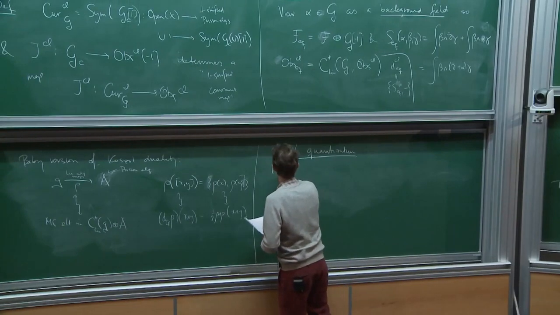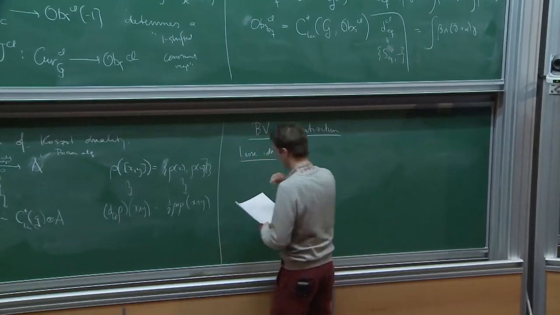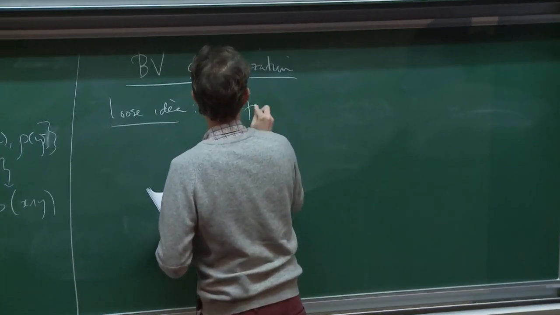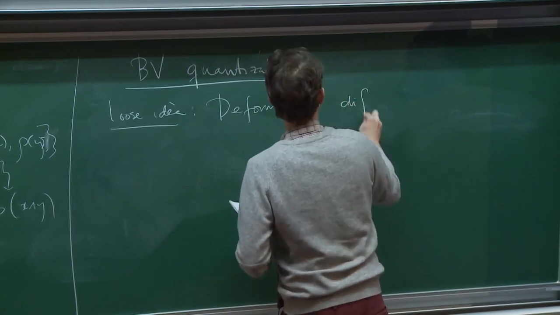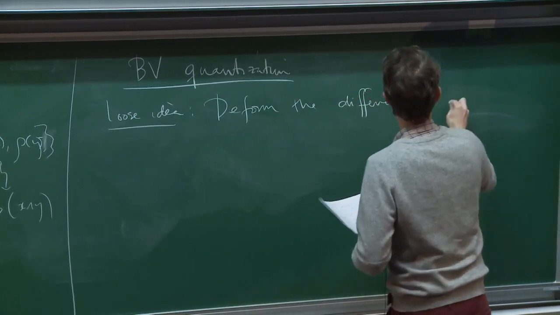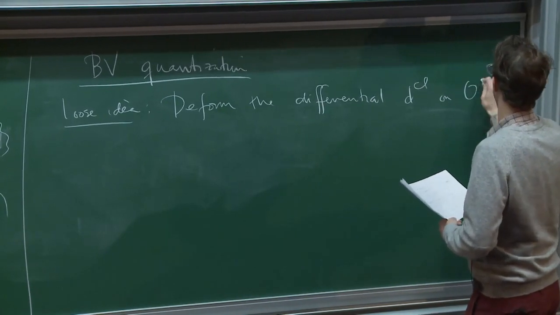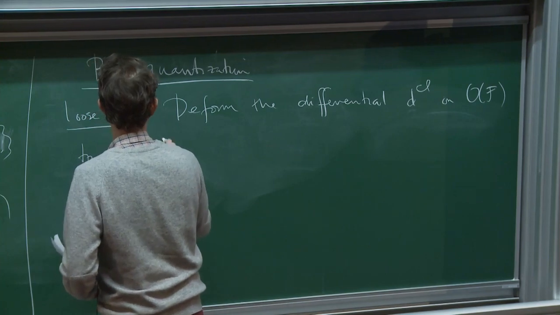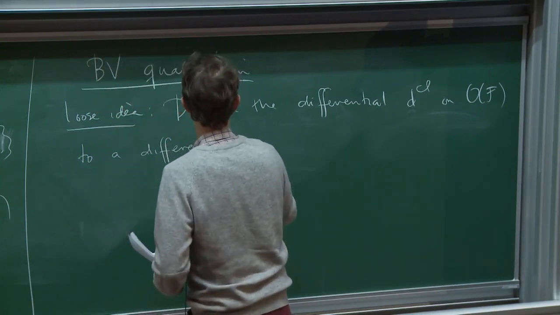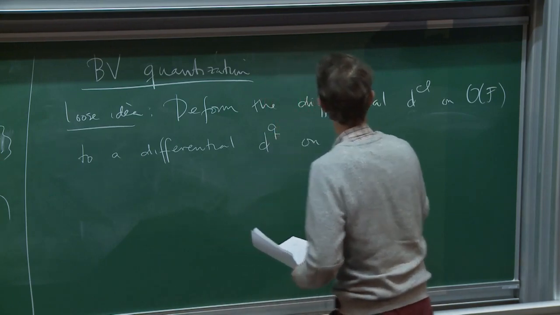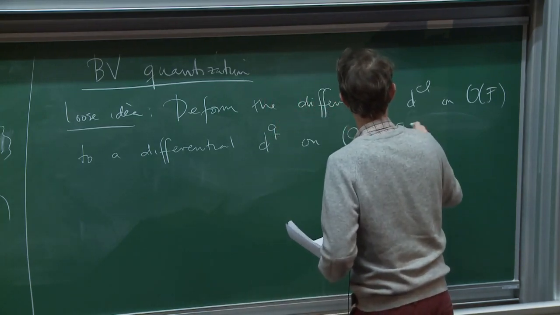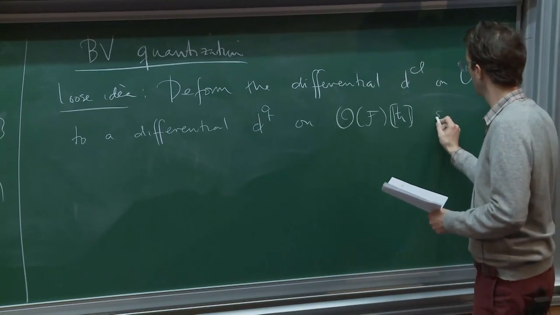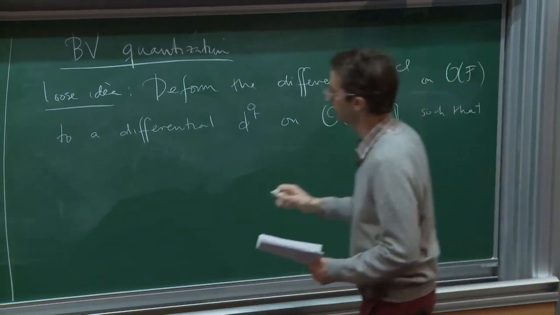So the loose idea of BV quantization is we want to deform the differential on the classical observables to a differential, I'll call Q, on the observables. We can do power series in h-bar or polynomials depending on the situation, such that two things hold.